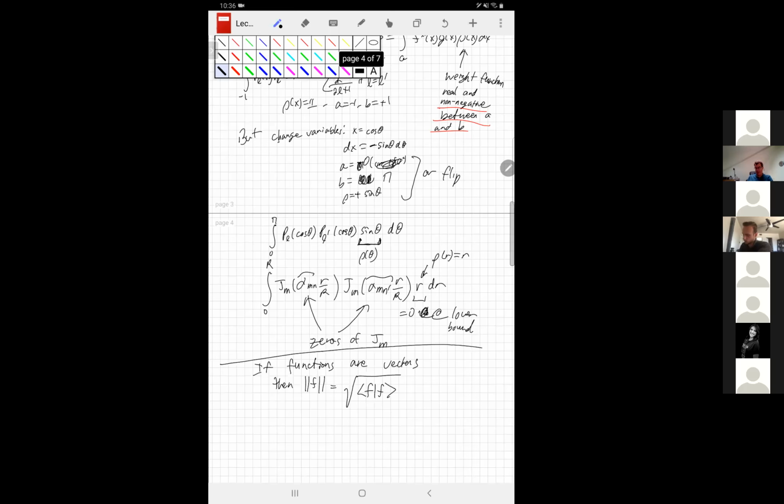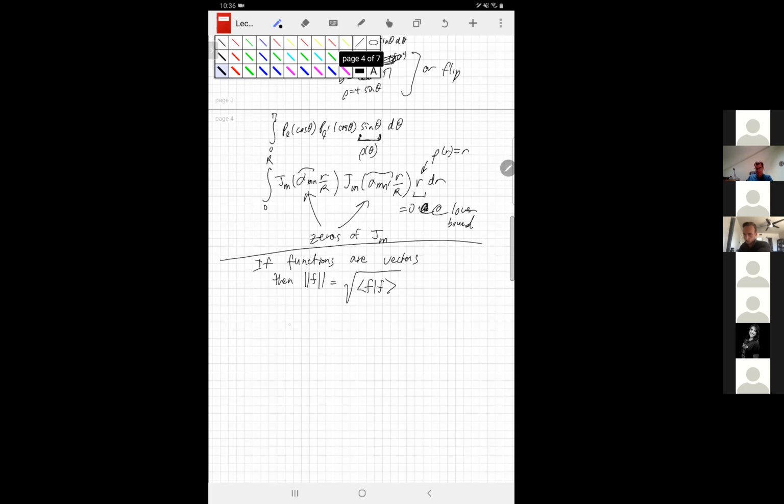And the reason why they denote it that way is that there's a difference between the absolute value of a function at a particular point versus the length of a function as a vector. Because if I've got some Bessel function that looks like this, okay? Now let's say that down here it's negative 0.2.